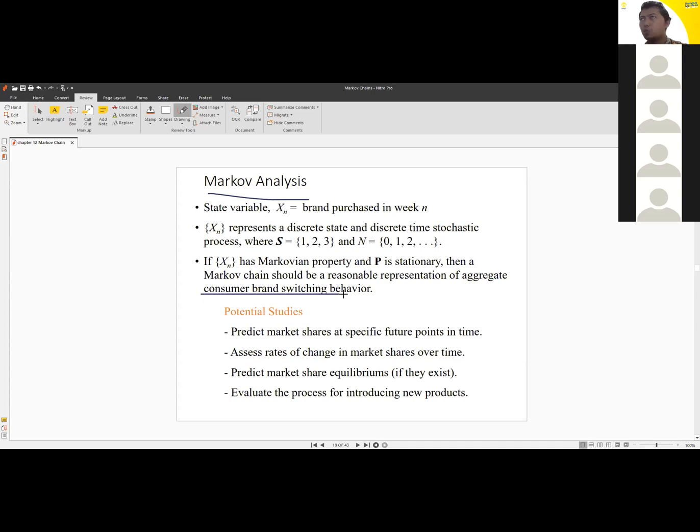So this is to study customer behavior: to predict market share at specific future points in time, assess rates of change in market share over time, predict market share equilibrium if it exists, and evaluate the process for introducing new products. Any questions?